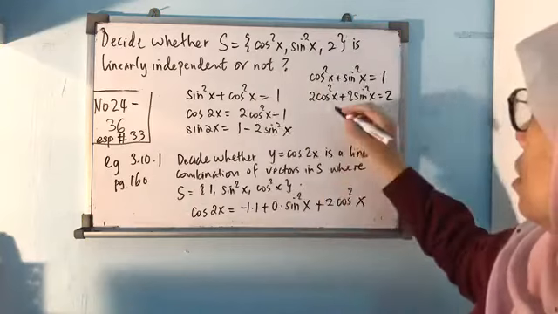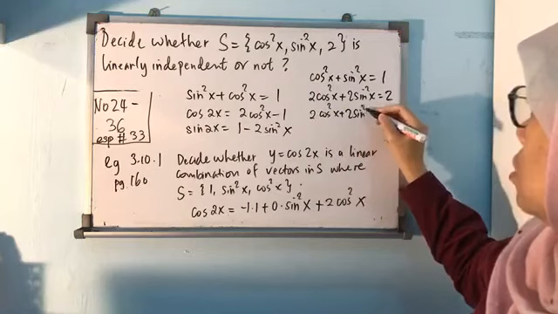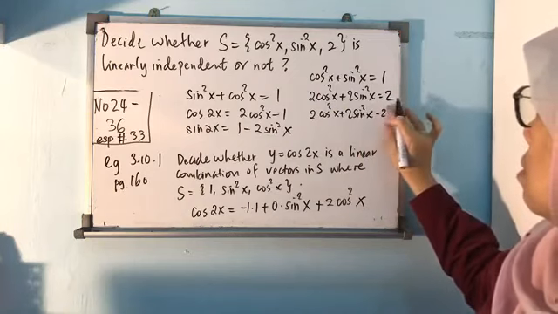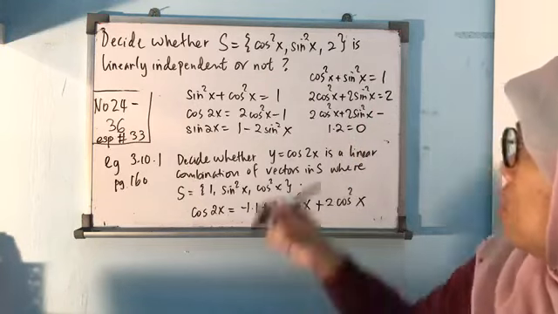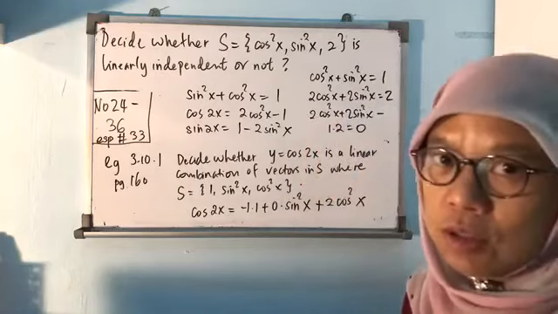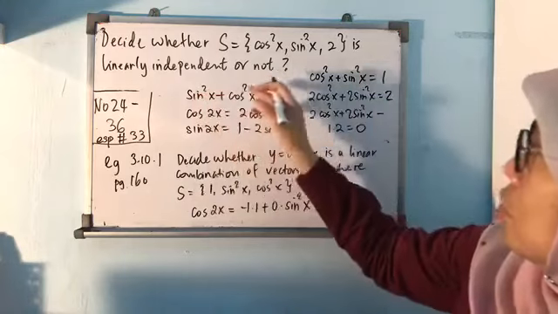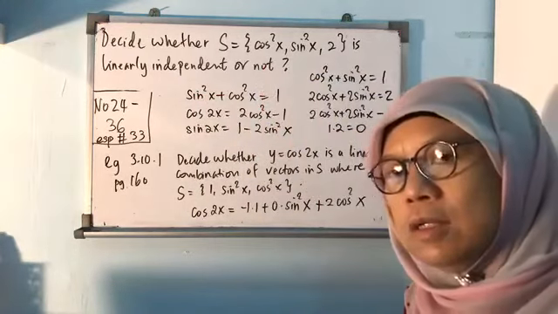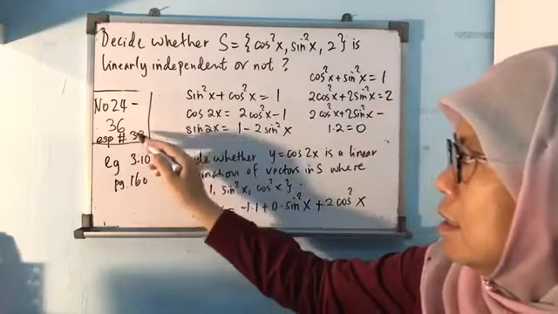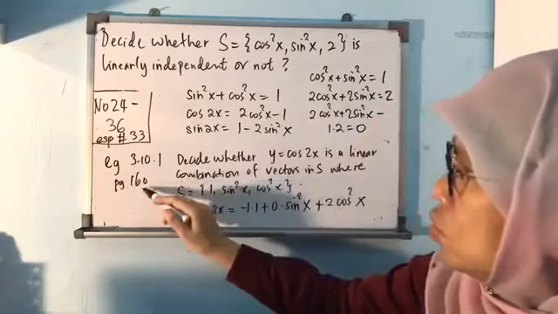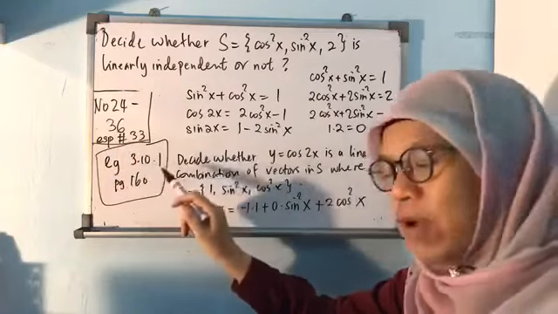Combine everything, we get 2 cosine squared x plus 2 sine squared x minus 1 times 2 is 0. So C1, C2, C3 are not all 0, such that the linear combination is 0. So the answer is no, it is not linearly independent. That's what I said earlier, try this one. You have to also do this. This question is from a past final exam.